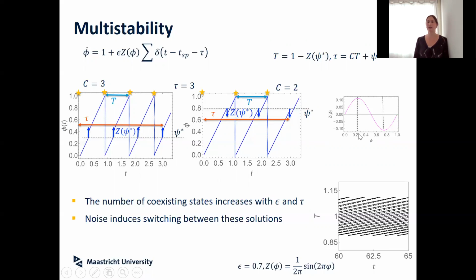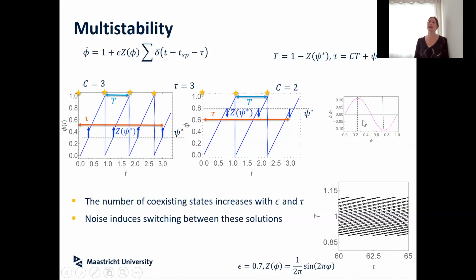Here the solution with a capacity of 3 has a reception phase which is close to 0.25, which corresponds to a positive PRC, so a shorter interspike interval, and indeed within a delay time here, after a delay of 3, the first spike is received. We have 1, 2, 3 spikes in a delay interval.